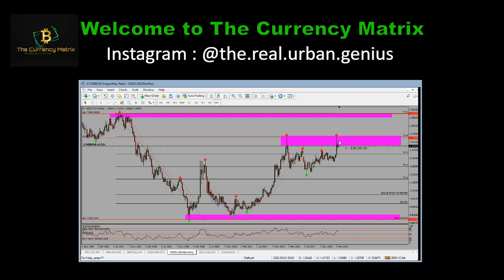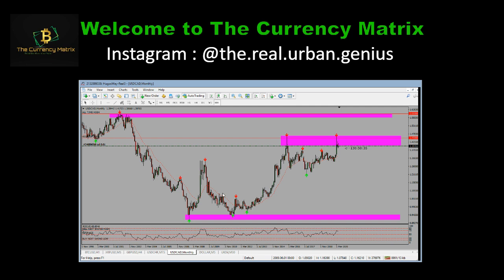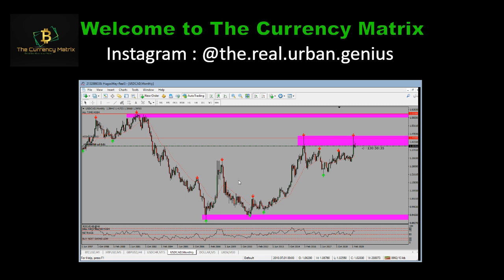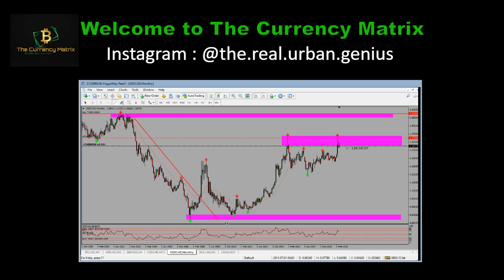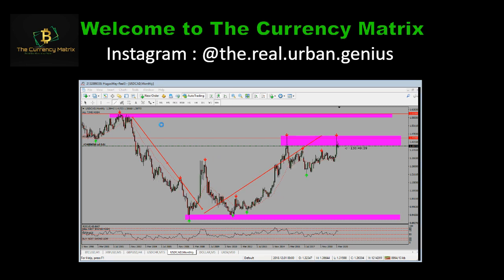Now, if you notice, where we're at now is a big, big, powerful area of resistance. So really, just basically at a glance, I can almost instantly predict this situation happening. Almost instantly with no effort.